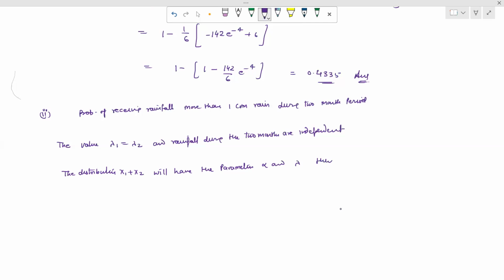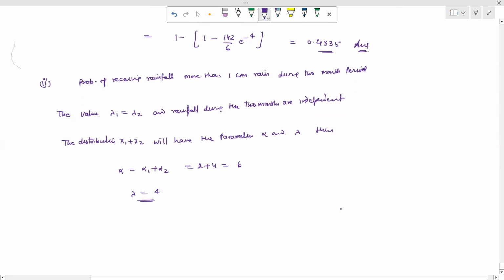Then the value of alpha will be alpha 1 plus alpha 2. So this will be 2 plus 4 is equal to 6, and lambda, the second parameter that is independent, which we consider as 4.